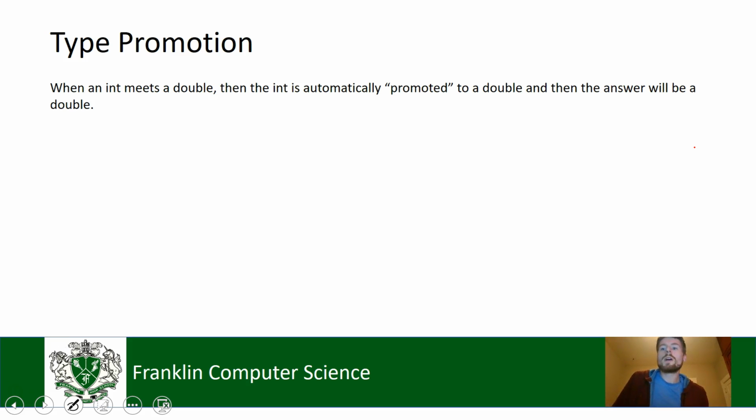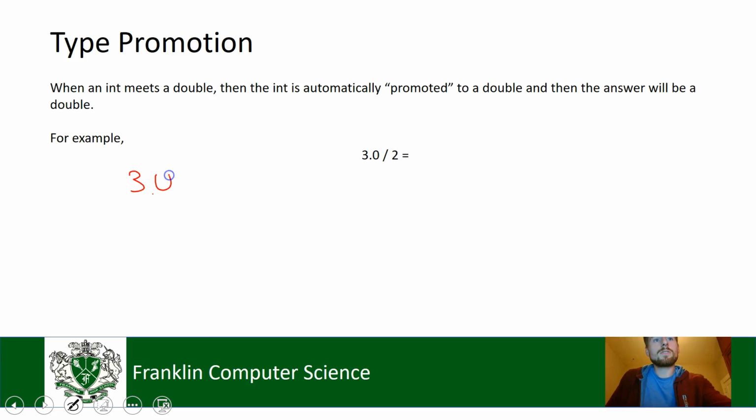And then you might ask the question, what happens if you add an int and a double? What happens when you add those two things together? Well, if they're going to meet each other, the int gets automatically promoted to a double. So it gets a decimal even though it didn't have one before. And then your answer is going to be a double. So if you had 3.0 divided by 2, well, the 2 gets turned into 2.0.